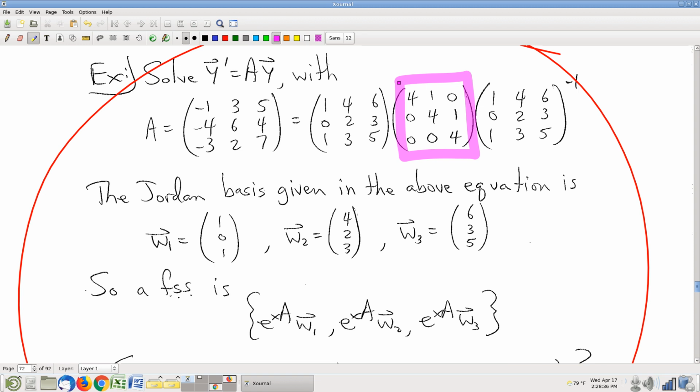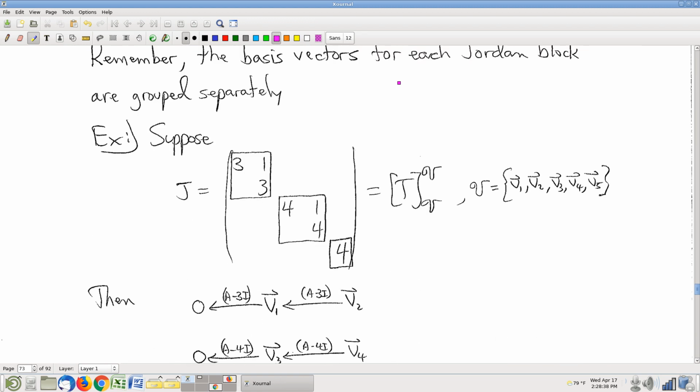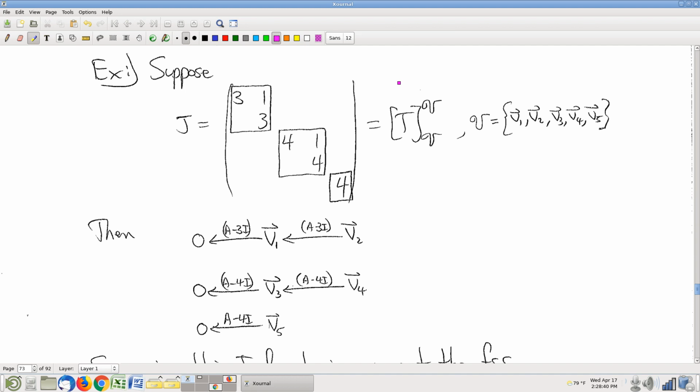We didn't have to worry about this. When there are multiple Jordan blocks, each Jordan block, per our setup, corresponds to certain Jordan basis vectors, which give you a corresponding little diagram.